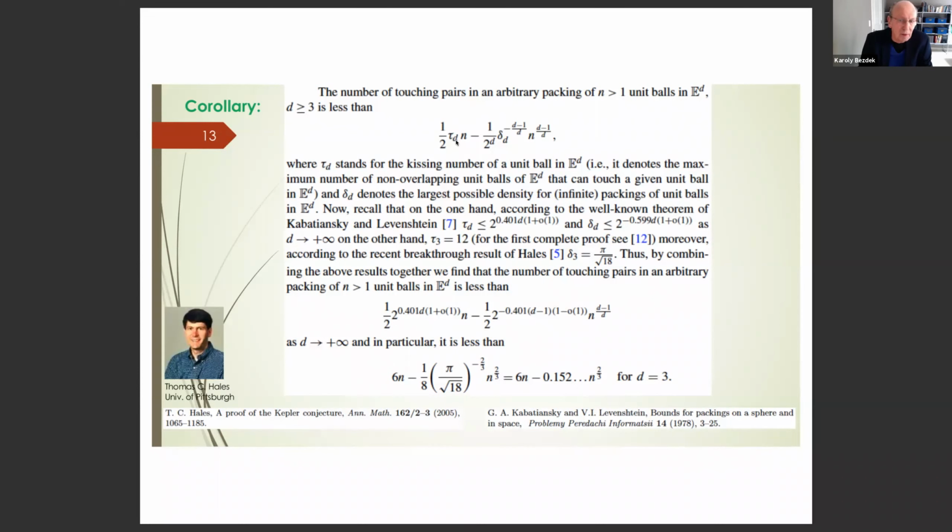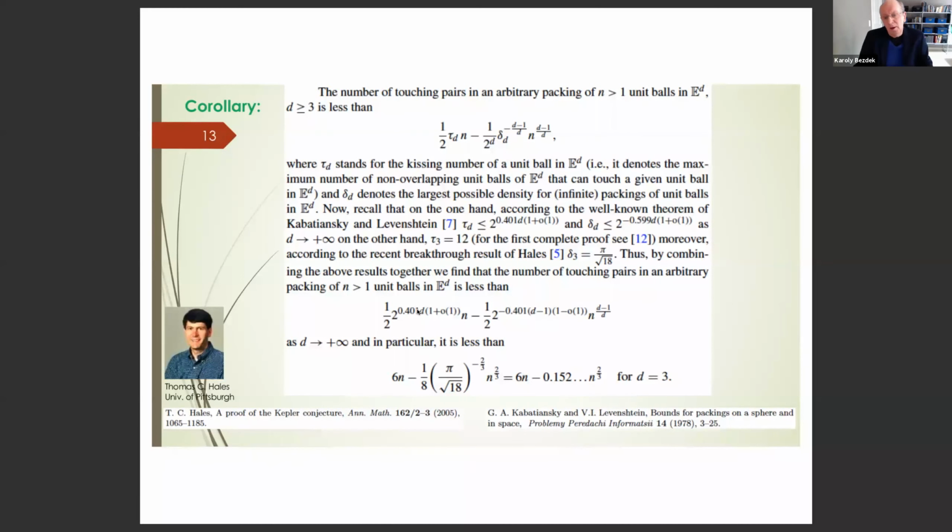This is the Kissing number, the d-dimensional Kissing number of the unit ball. And delta d refers to the highest density of unit ball packings in d-space. So this is what we know then in very high dimensions about upper bounding the contact numbers of packings of n unit balls.